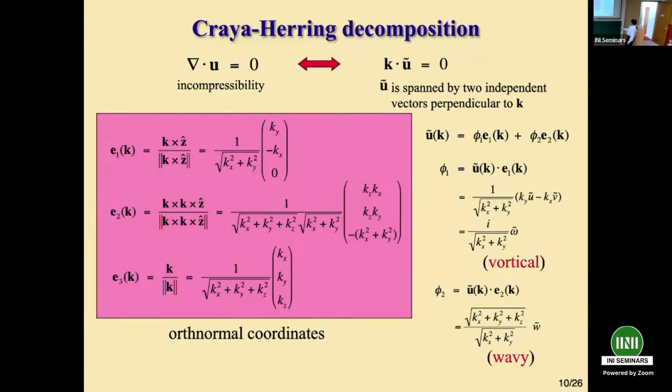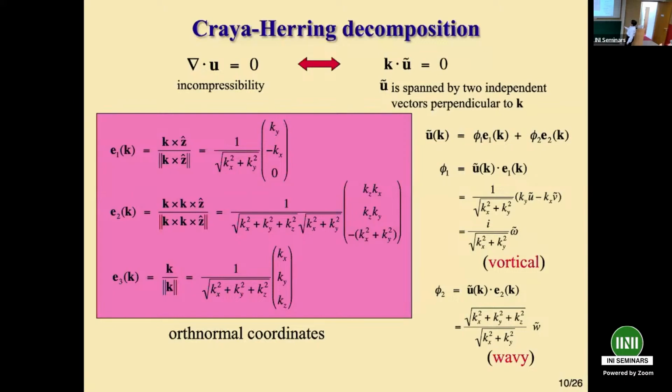The other one is we again multiply k in a vector way with e1, which gives another perpendicular direction. And e3 is just k itself, normalized by its magnitude. So these three are also normal coordinates.